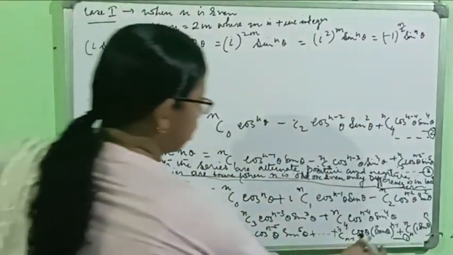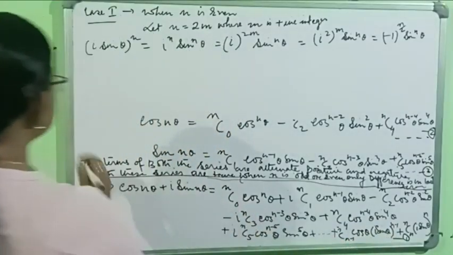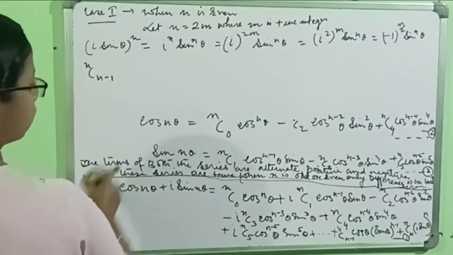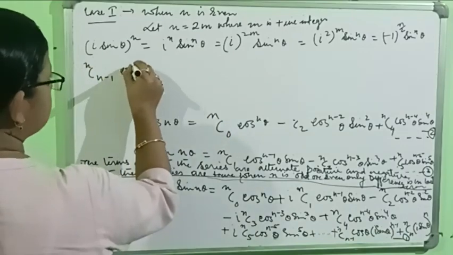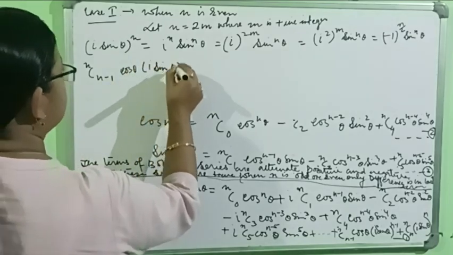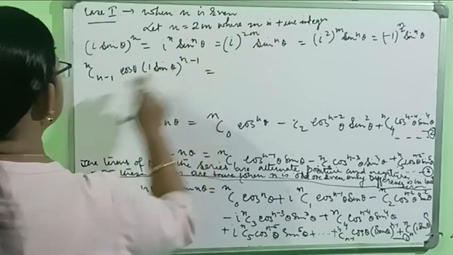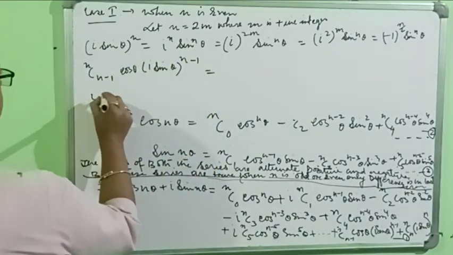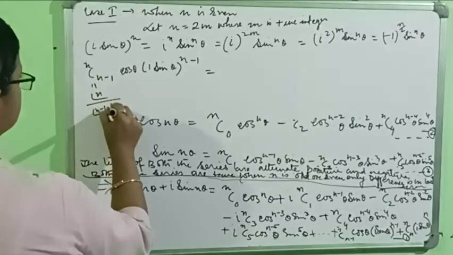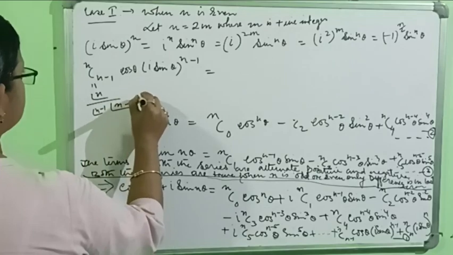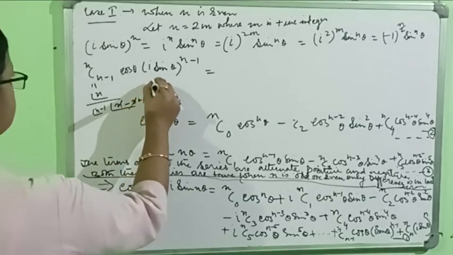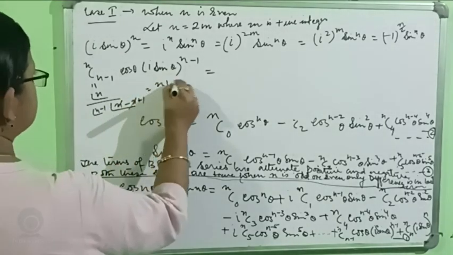Now the term before the last term is nC(n-1) cos theta i^(n-1) sin^(n-1) theta. And nC(n-1) is n factorial divided by (n-1) factorial and (n minus n plus 1) factorial. The n minus 1 cancels out, this is factorial 1 and this is n factorial, so the value is n.